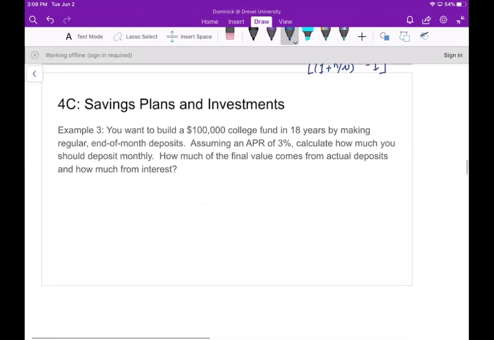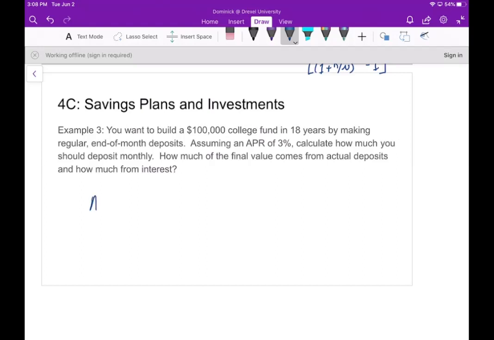All right. So we're going to do an example of that here. So we want to build a $100,000 college fund in 18 years by making regular end-of-the-month payments. So assuming an APR of 3%, calculate how much you should deposit monthly. How much of the final value comes from actual deposits and how much from interest.